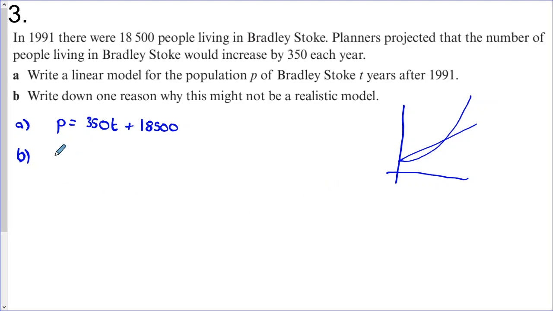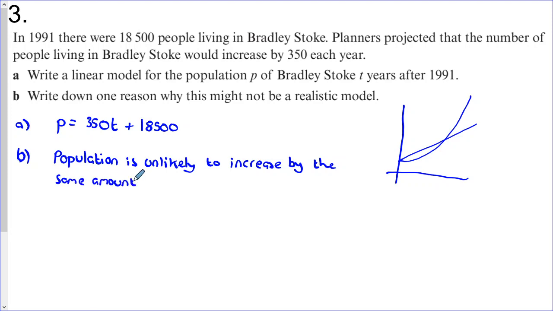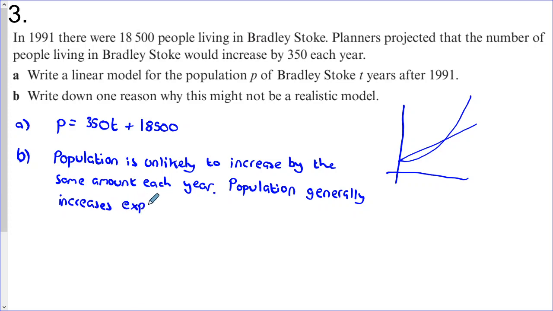So we could say population is unlikely to increase by the same amount each year. We can mention population generally increases exponentially. So an exponential model would be far more realistic than a linear model.